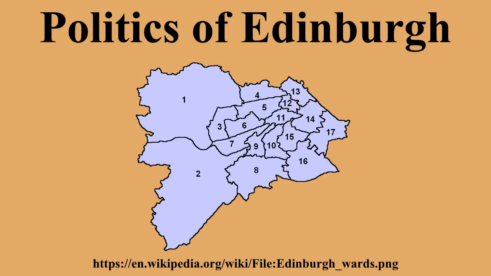Scottish Independence Referendum 2014. At the 2014 Scottish independence referendum, voters in Edinburgh rejected independence by a margin of 61.1% no to 38.9% yes. Turnout was 84.4%.